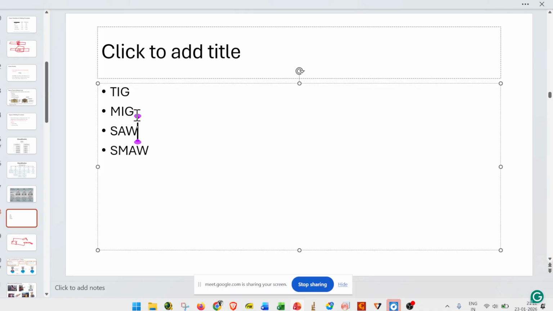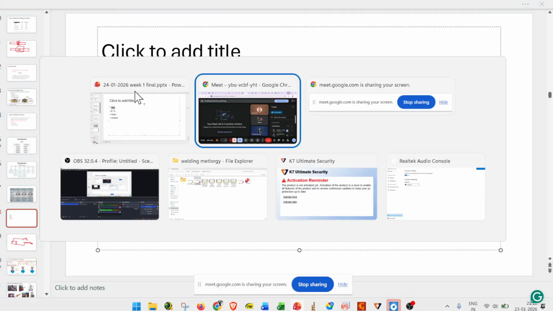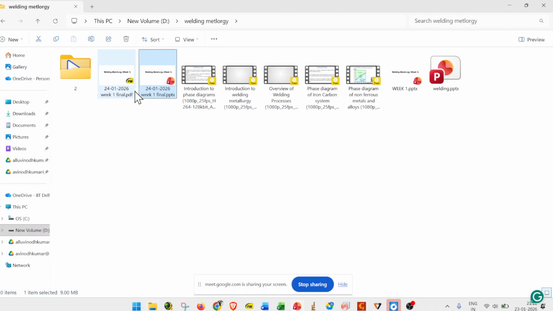Okay, these two processes. In the case of TIG welding, the electrode is a non-consumable electrode. Tungsten has a very high melting point, so it will not melt, but we will provide a separate feeding material. I will show you how TIG welding looks.